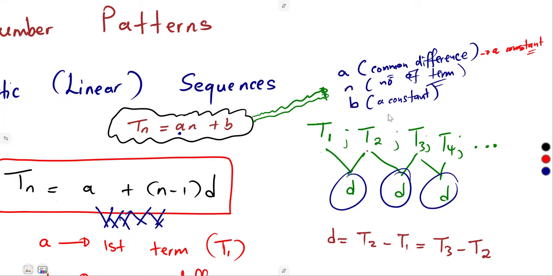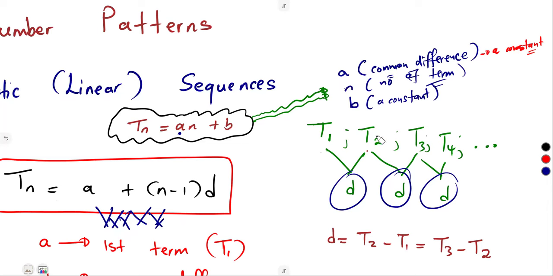We can calculate the value of b by substituting any corresponding term, like T1 is equal to 3, T2 is whatever you're given. You can substitute that n and the corresponding term to find the value of b. So it's a constant to be found.